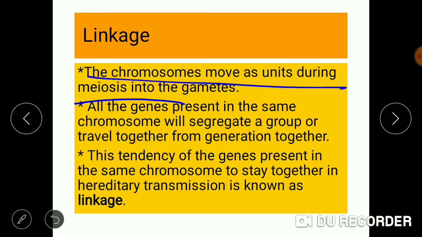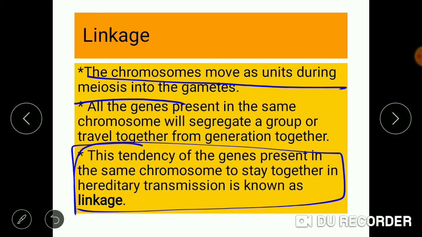This tendency of the genes to be present in the same chromosome, to stay together in hereditary transmission, is known as linkage.